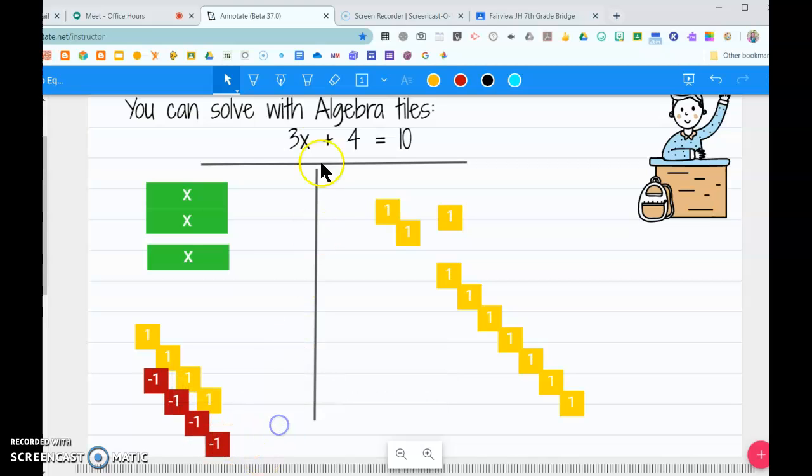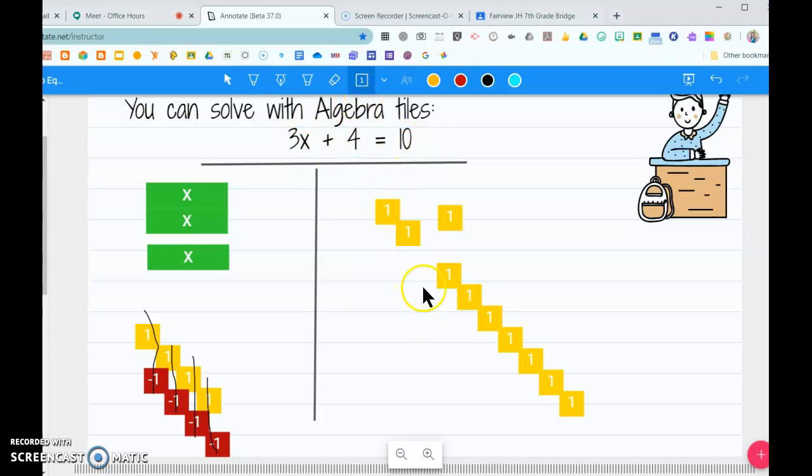And do you remember what it's called when I have those 4 negatives? It's called a zero pair. So this one and this one will zero each other out. This one and this one will zero each other out. This one and this one will zero each other out, and this one and this one will zero each other out. However, in an equation, both sides have to stay equal.